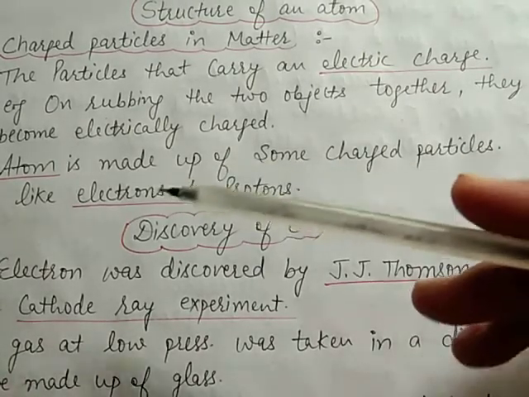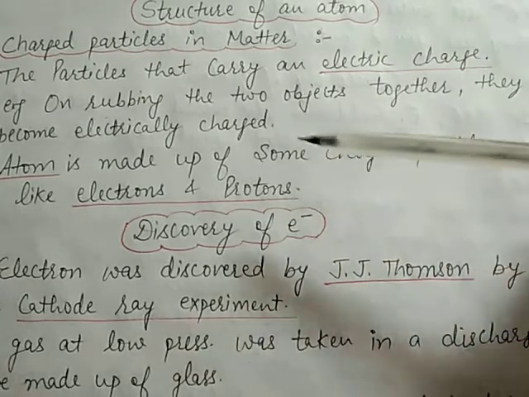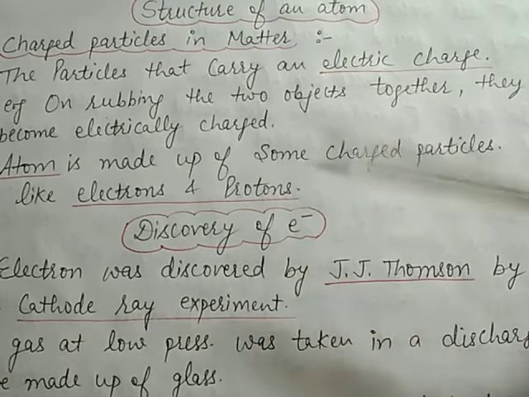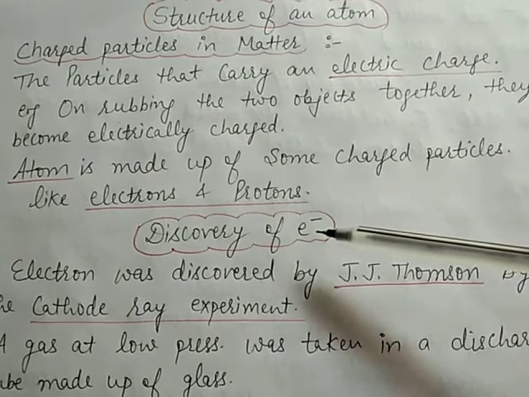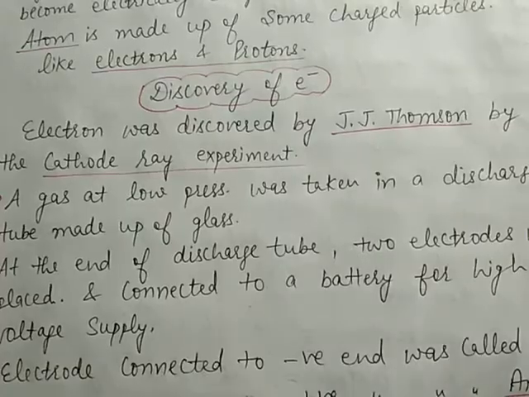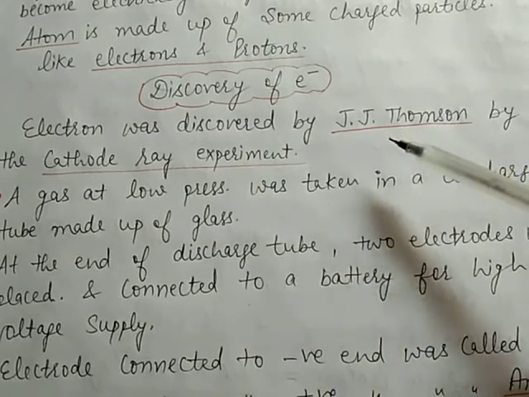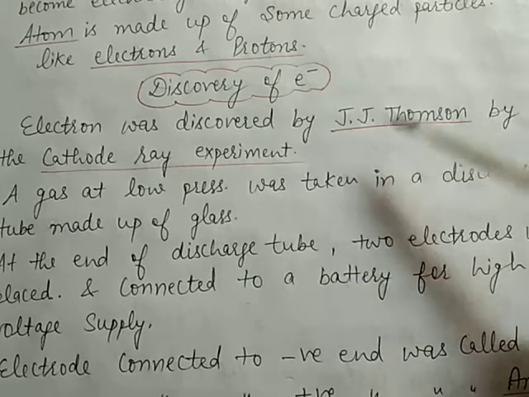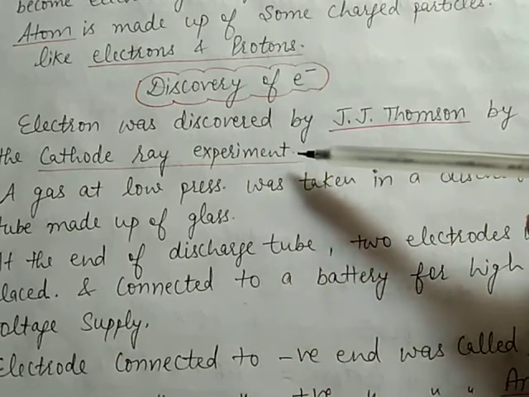He described that the atom is made up of some charged particles like electrons, protons, etc. So first, the discovery of electrons. The electron was identified for the first time by J.J. Thomson in 1897 with the help of the cathode ray experiment.